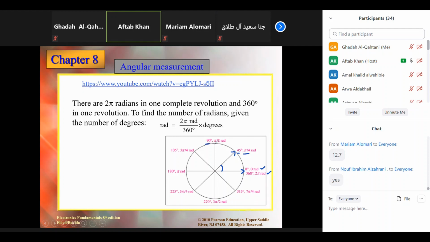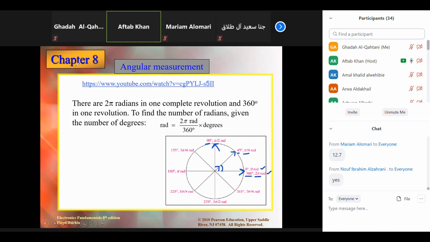Then 90 degrees, or pi by 2. From here to here, it is 90. Now it takes a complete revolution, and when it reaches here again, the angle is now 360 or 2 pi. So the 0 and 2 pi values are the same, because it reached the same point which it started from in the beginning.